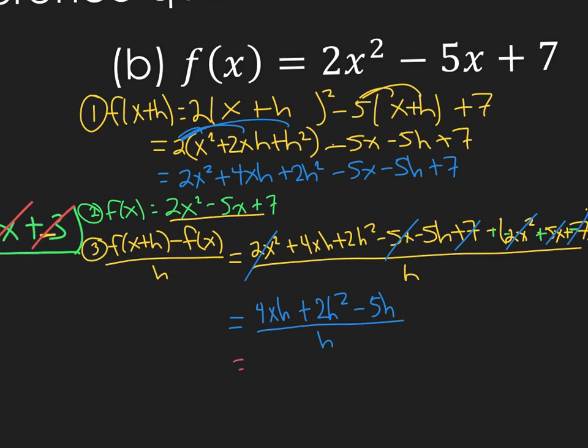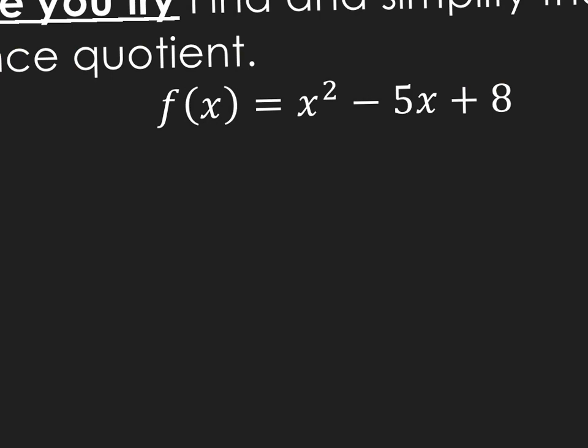And now we can take out a factor of h. 4x plus 2h minus 5 all over h. Notice the h's cancel, and we're left with 4x plus 2h minus 5. Ta-da! I want you to take a minute and try this last example You Try.